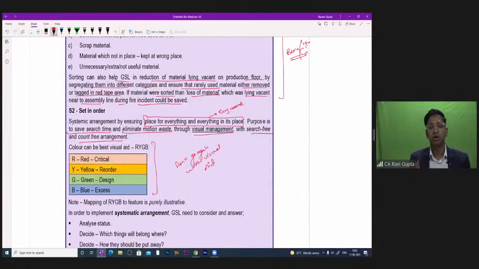There is no point in saving them. So if you sort the materials, you will save those which are definitely not required, or which we require but not now. Those will be removed from the current place to somewhere else, so definitely there will be savings.